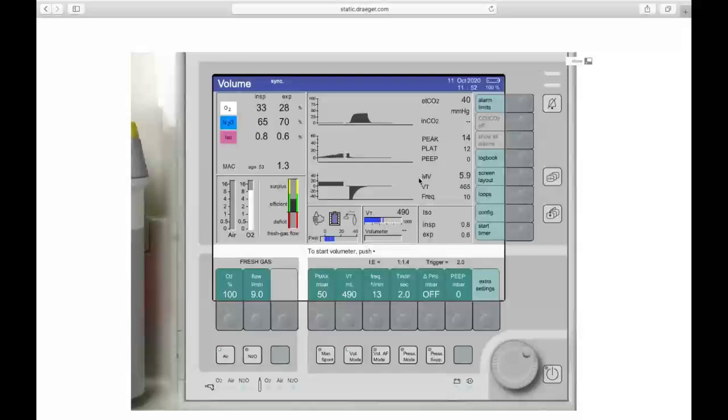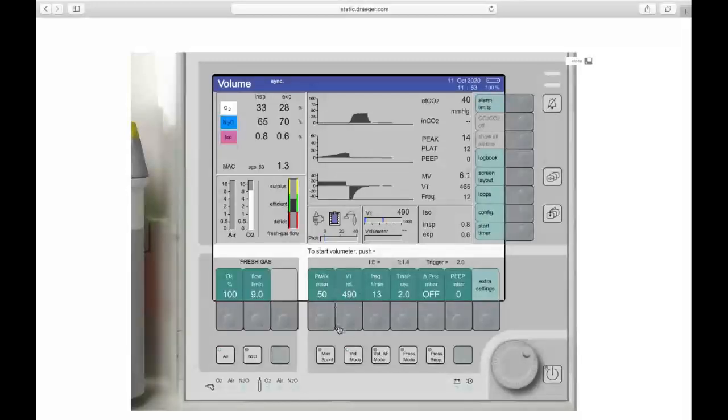The most important parameter I want to focus on is minute ventilation. We control ventilation based on exhaled carbon dioxide, but we need to understand some basics. Our anesthesia machine, as you can see, knows this basic very well. It has set the standard tidal volume at 490 milliliters. Typically, one breath should have a volume of 7 milliliters per kilogram of patient body weight.